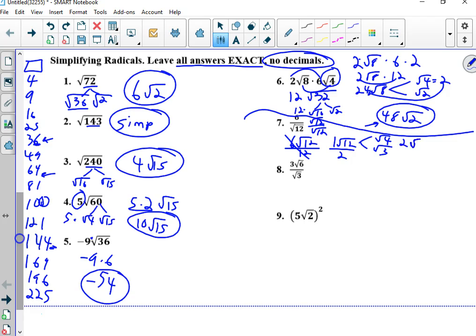So that gives me 2 radical 3 over 2. And what happens to the 2's? They cancel. This simply simplifies to radical 3. Number 7 simplifies all the way down to that, radical 3.